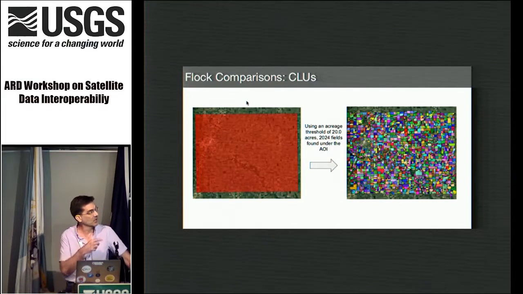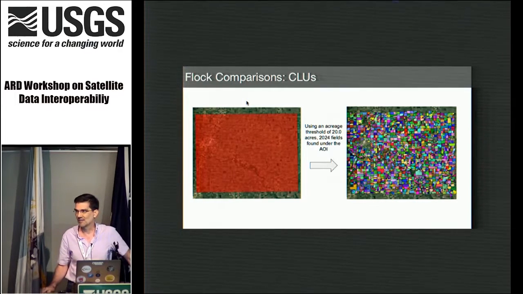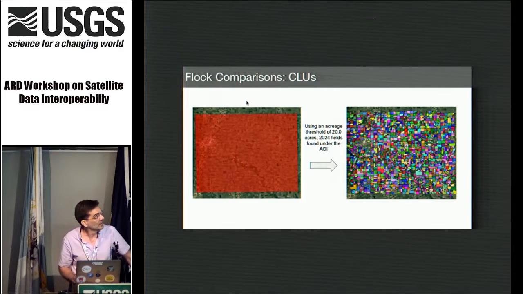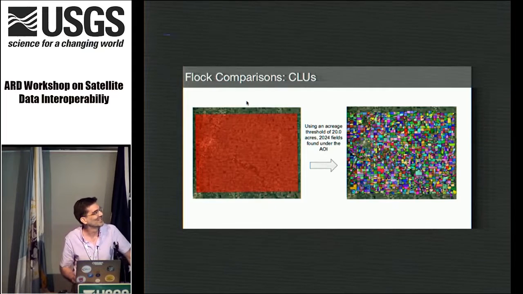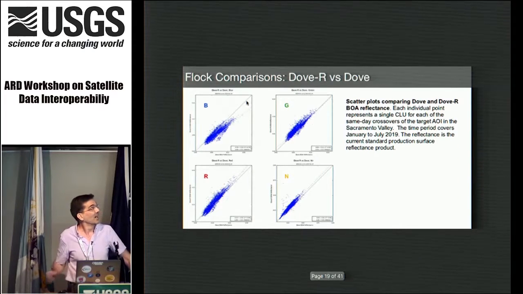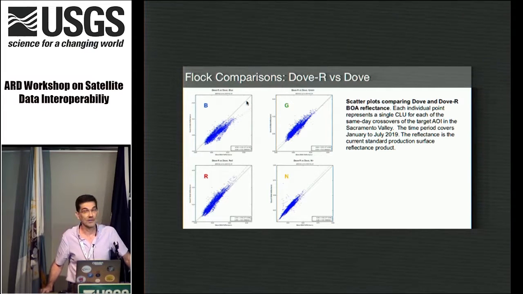So this is the AOI, and it shows all the CLUs above 20 acres. If you went lower than that, you'd get a whole lot more, probably 10,000, I don't remember, too many. This is the kind of thing that will come out of it: I'll show a lot of scatter plots.